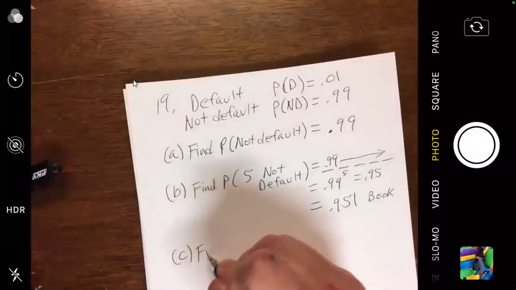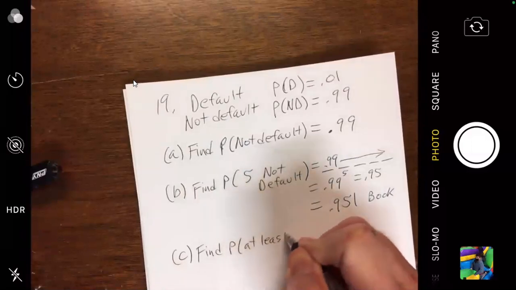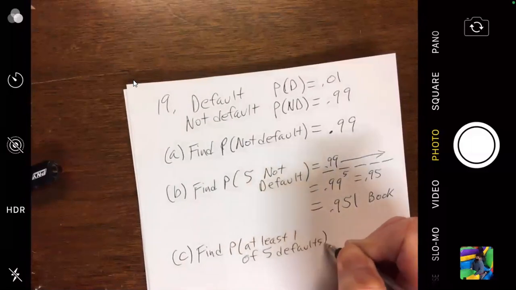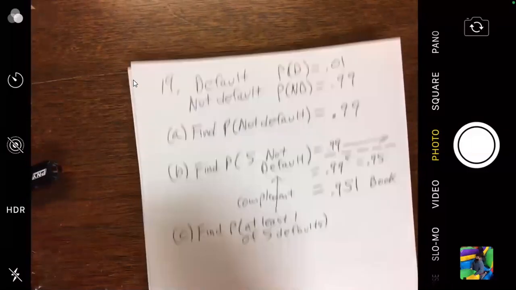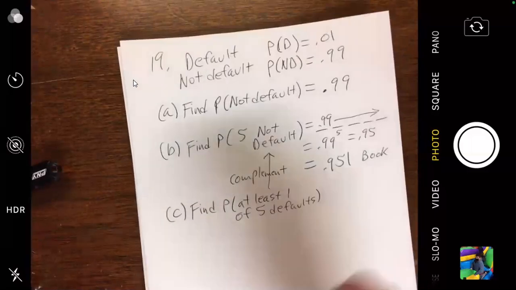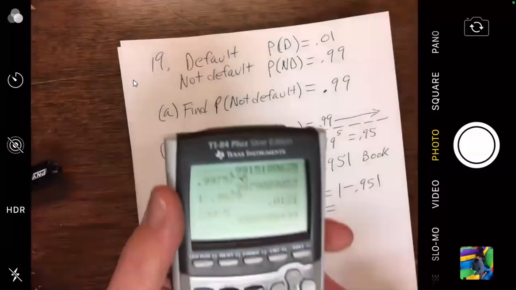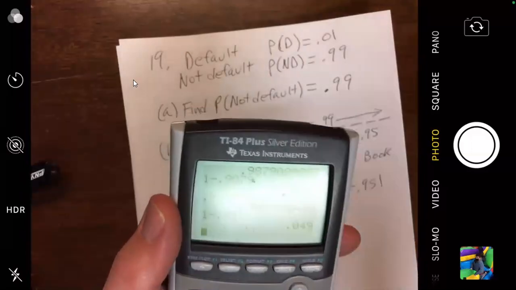Find the probability at least one of 5 defaults. Do you see that is a complement to this? Yes. So we can do it as 1 minus 0.951, which is 0.049.